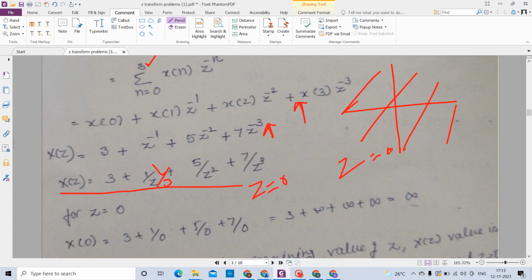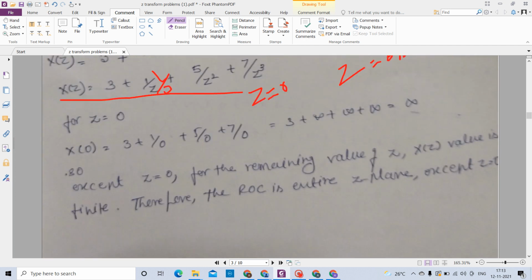While finding the region of convergence in the Z plane, we take the remaining part of the Z plane as the region of convergence. So except Z is equal to 0, for the remaining values of Z, X of Z is finite. Therefore, the ROC is the entire Z plane except Z is equal to 0.